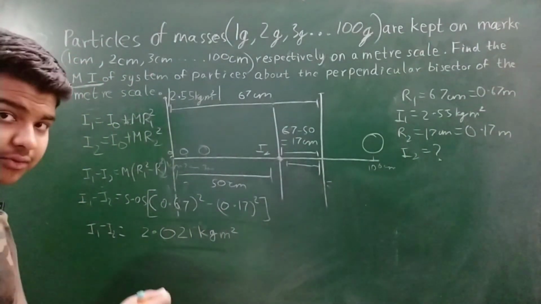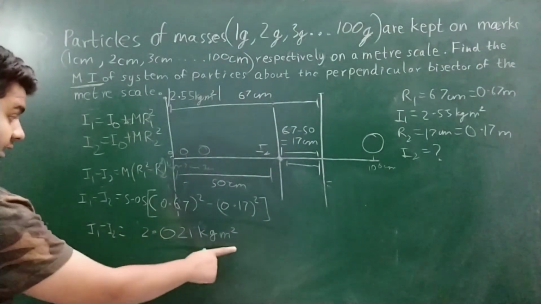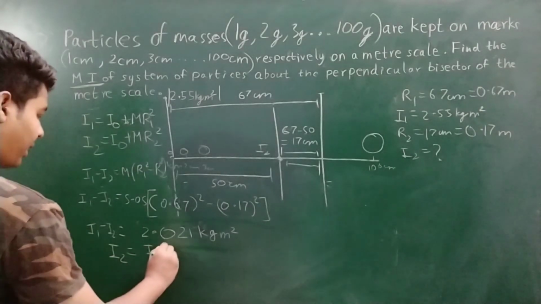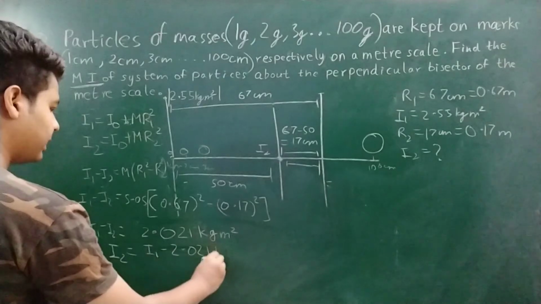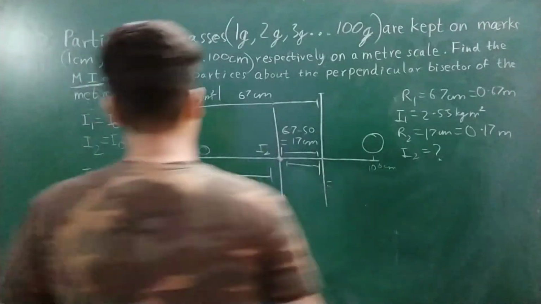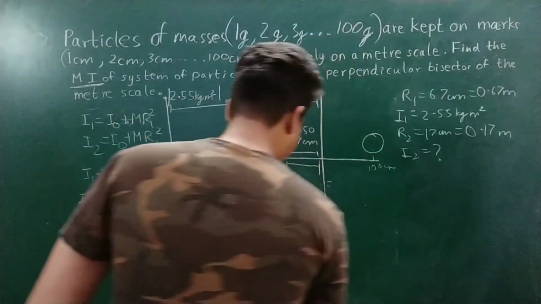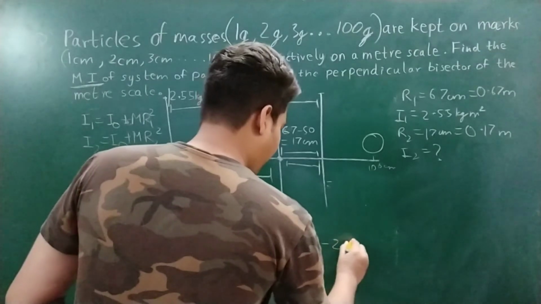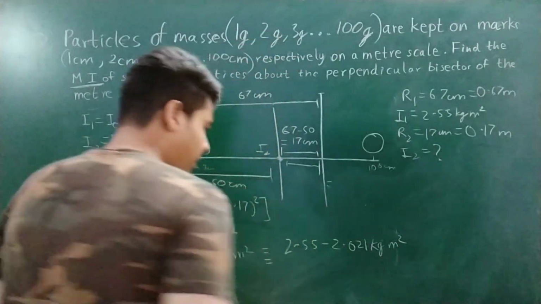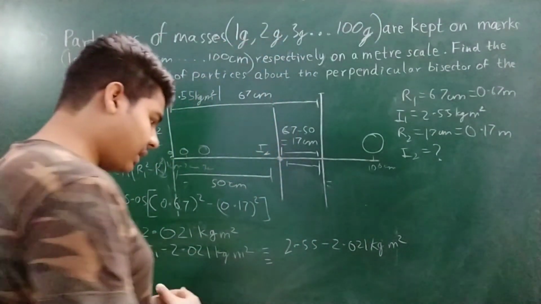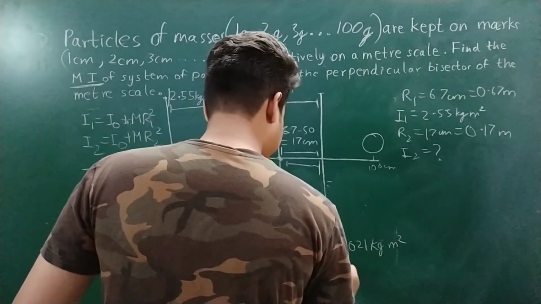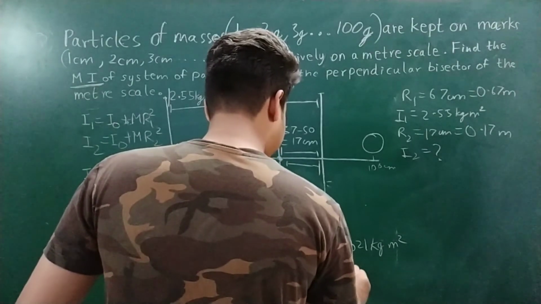You can solve this part yourself because you have time, and this will be the answer. So from this we get I2 equals I1 minus 2.021 kg meter square, and I1, as you all know, is 2.55. It will be 2.55 minus 2.021 kg meter square, and after you subtract, the answer will be 0.429 kg meter square.